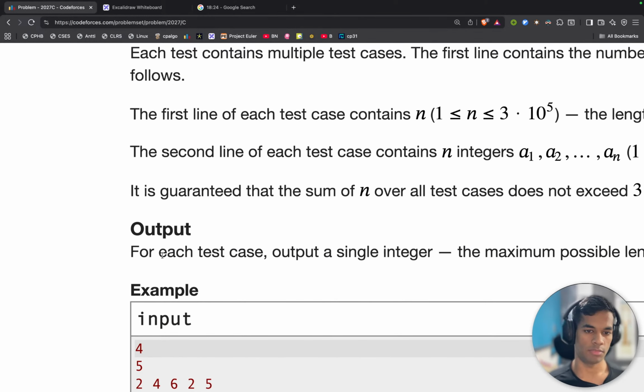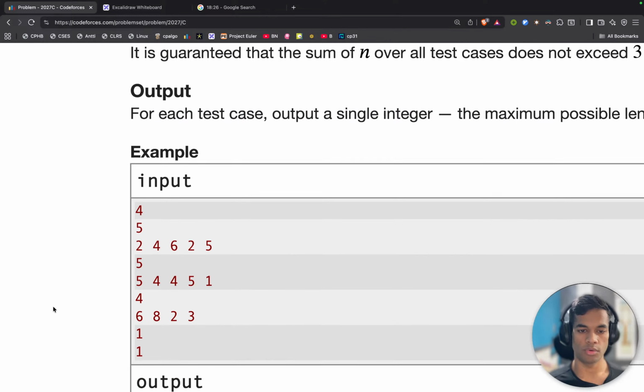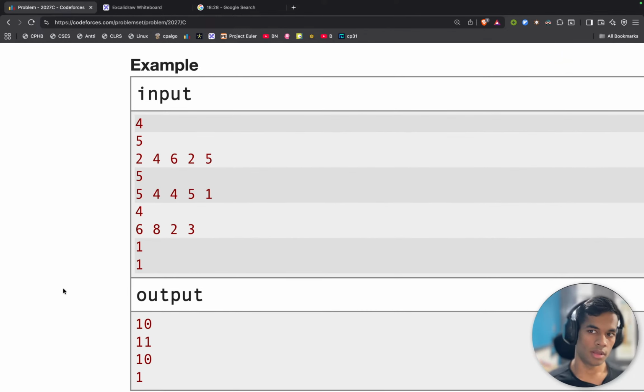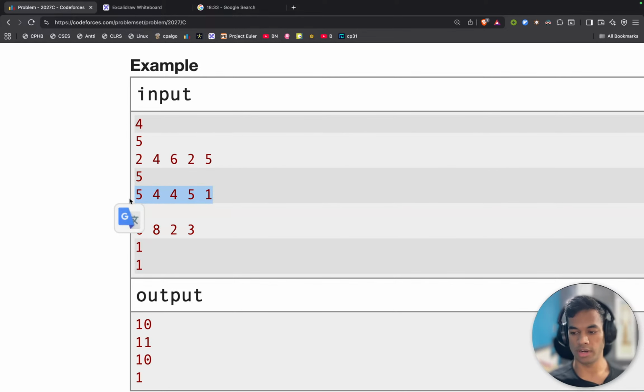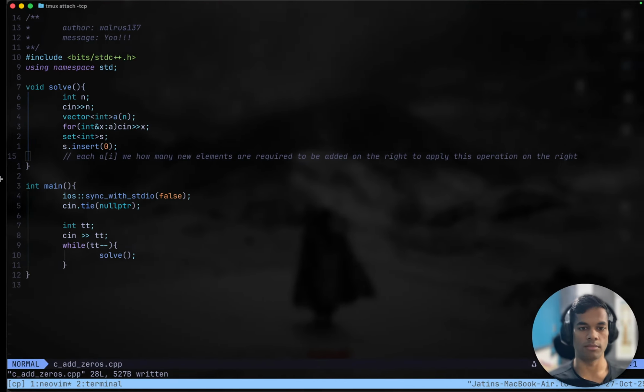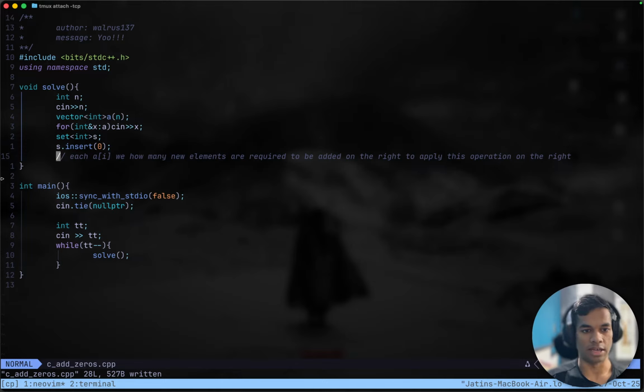In some cases you don't have to write pseudocode, but sometimes you do, to see what variables you must keep and keep updating. So pseudocode helps, and you can just write it as a comment, like this. Here, AI is how many new elements are required to be added on the right.